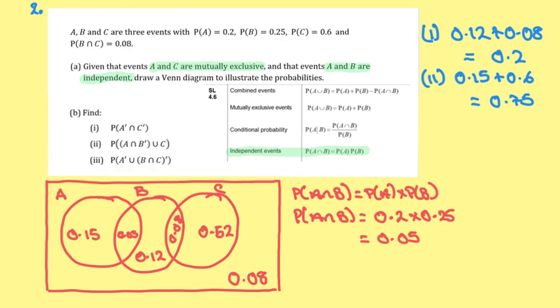Part 3. The probability of not in A union with B intersection C not. So this means not in A or not in the intersection of B and C. Well, that is absolutely everything in the Venn diagram. So the probability is 1.